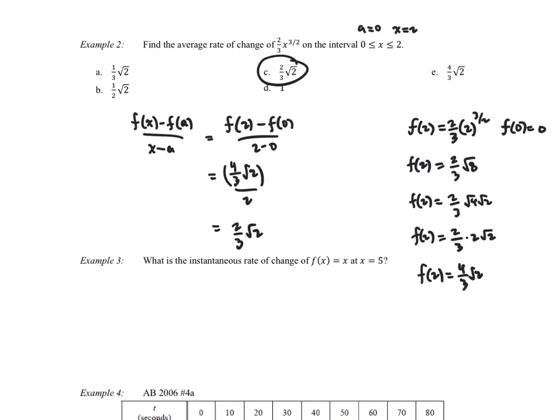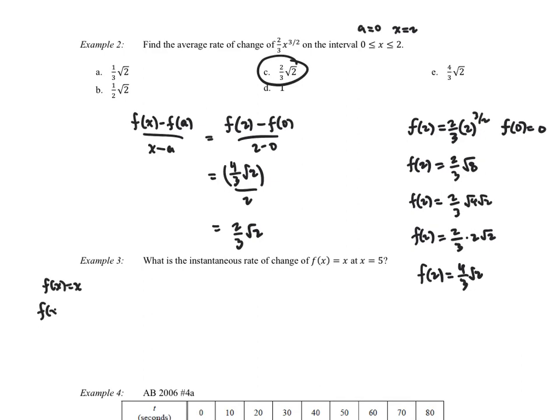Example 3. What is the instantaneous rate of change of f of x equals x at x equals 5? Okay, a couple different ways to do this. One is analytically. So analytically will mean we'll actually find the difference quotient simplified. So let's find f of x. Well, we know what it is. It's x.